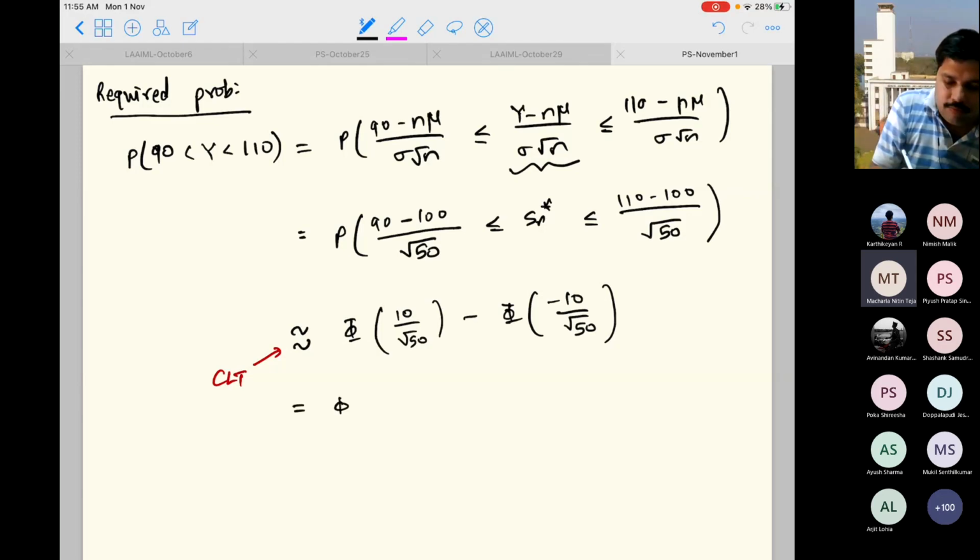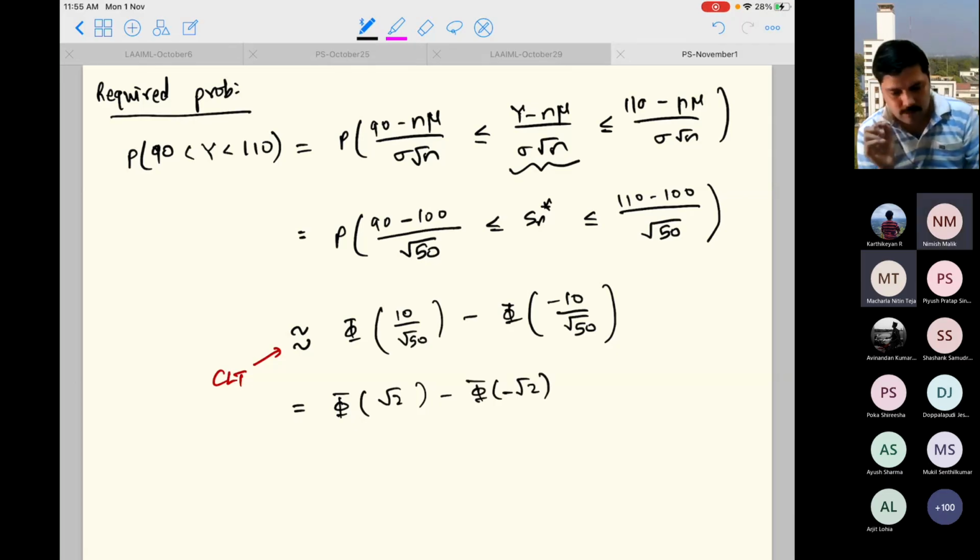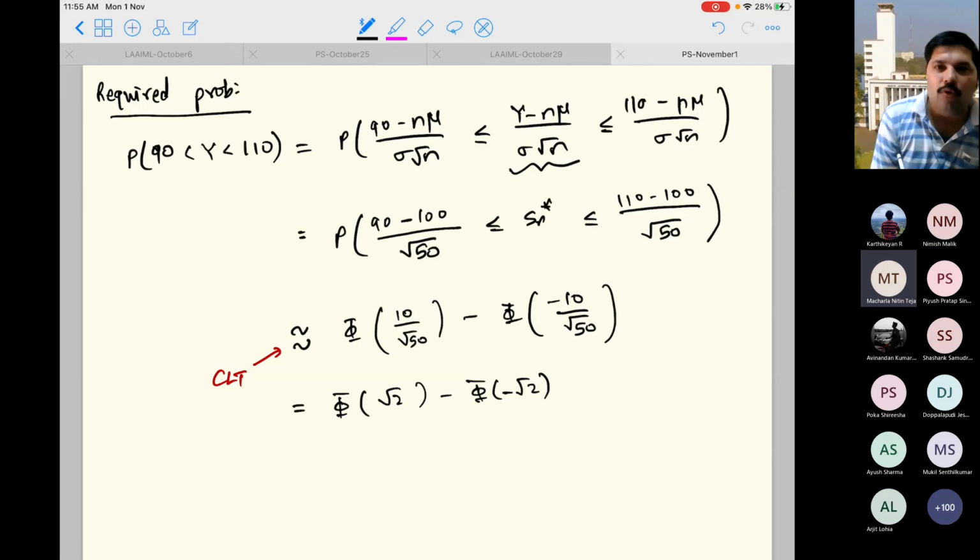So this is equal to phi of root 2 minus phi of minus root 2. Is this calculation correct? Yes, this is right. So this is what you have.